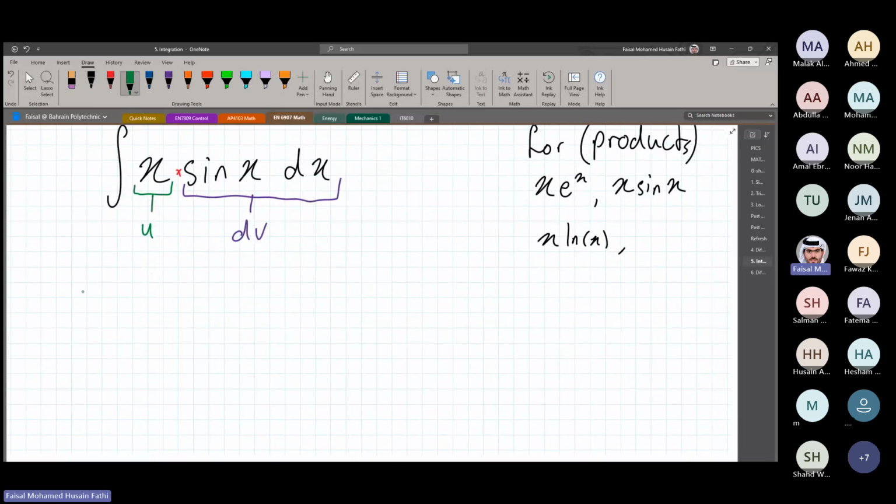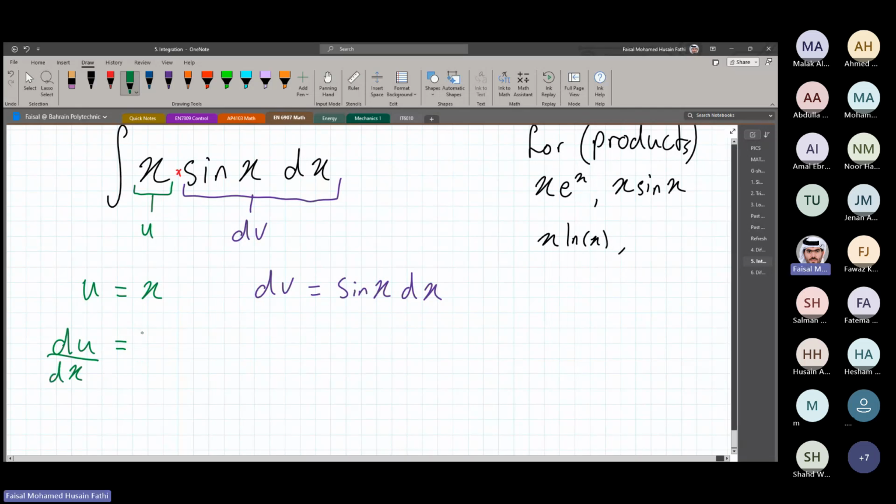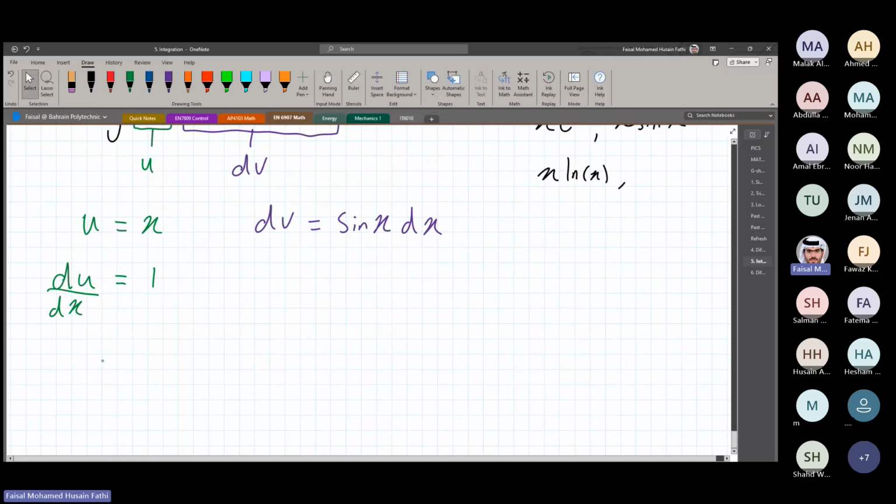Now we have u is equal to x and dv is equal to sine x dx. To find our du, simple, you just differentiate: du by dx is equal to 1. In other words, du is equal to dx.